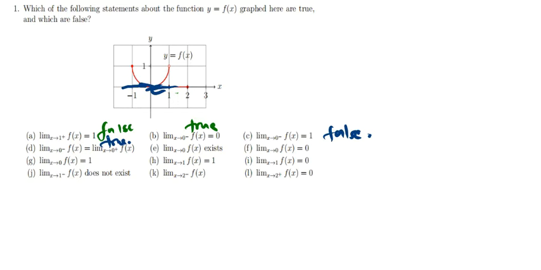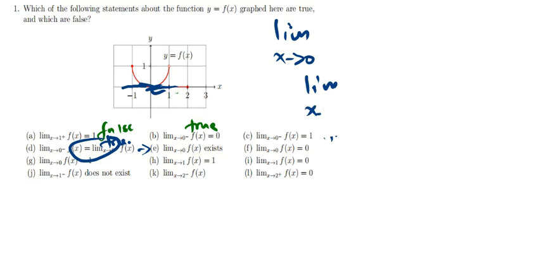Now if this statement is true, then the next one is going to be true as well, because for us to conclude that the limit as x approaches 0 exists, the limit as x approaches 0 from the left side of f of x has to be equal to the limit as x approaches 0 from the right side of f of x.